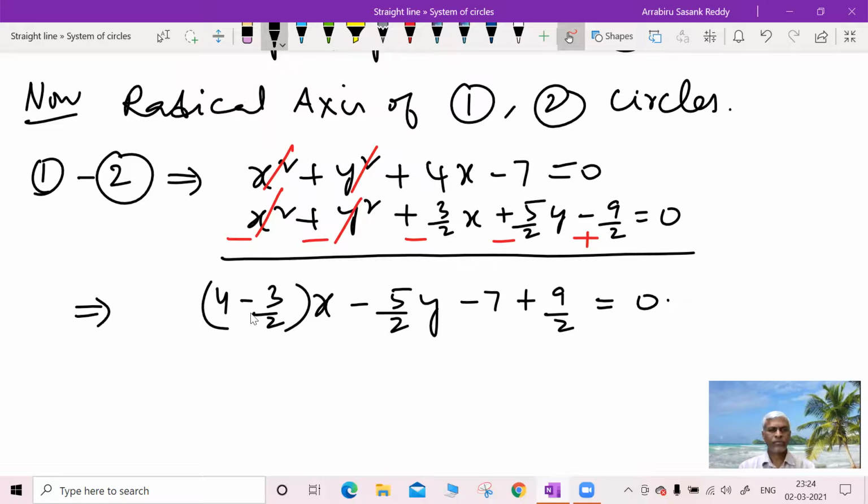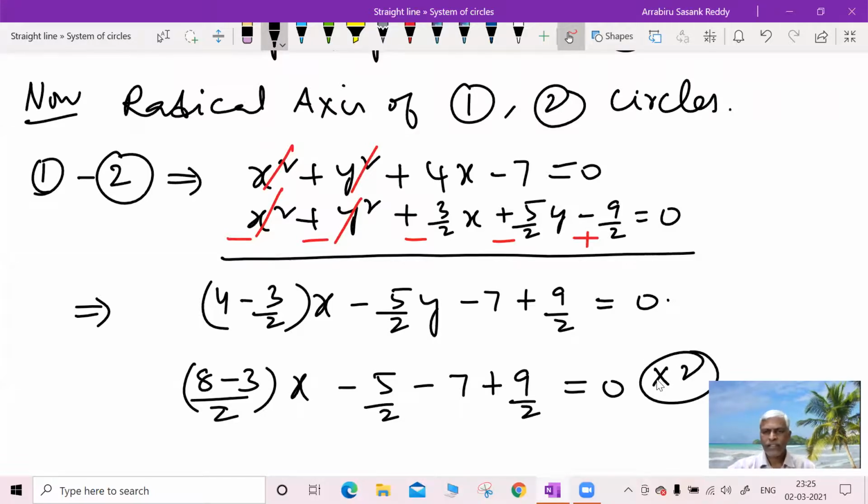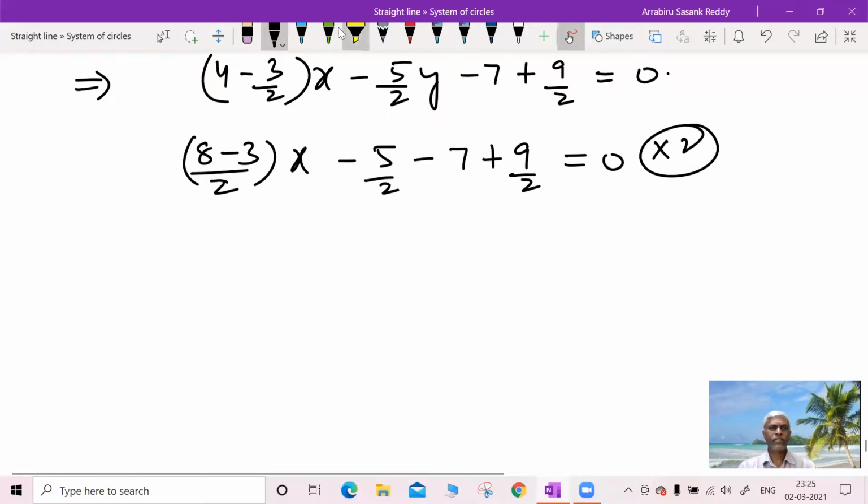2 into 4, 8 minus 3 by 2, minus 5/2. 7 into 2 minus 14, or you can write as it is, minus 7 plus 9/2. Now multiplying each term by 2, this 2 will get cancelled.